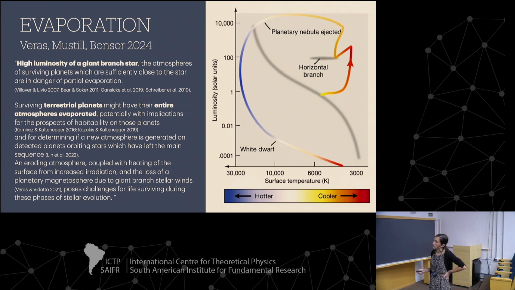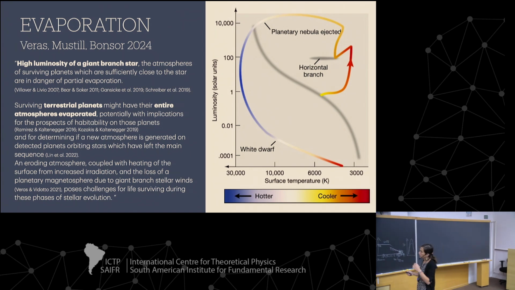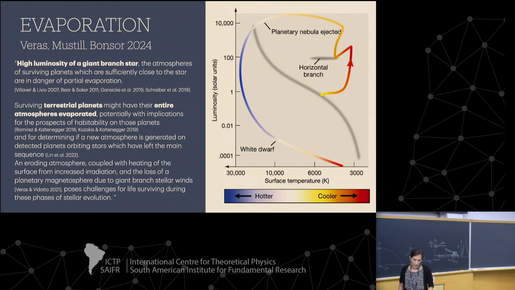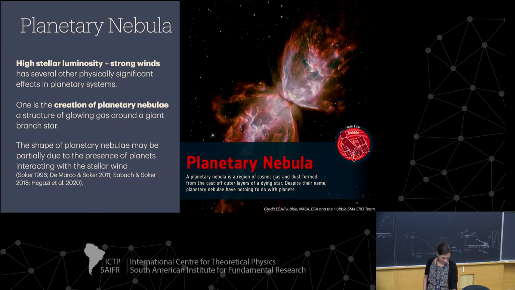This was extracted from a paper of Veras and Vidotto. There was just some consideration about the habitability of the planet, of course, which can cause heating of the surface, increased irradiation and loss of planetary magnetosphere, and so on. So I don't want to go into detail, just to let you know that sometimes it can really affect and change the planet.